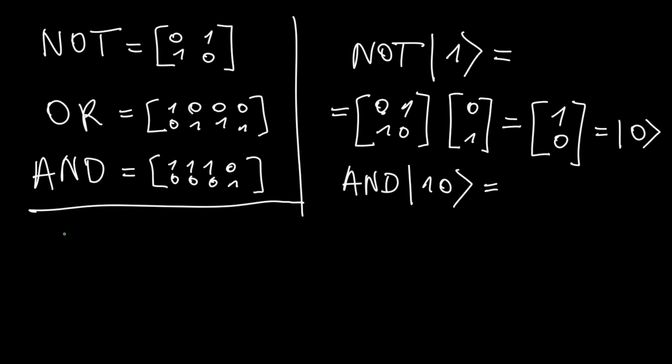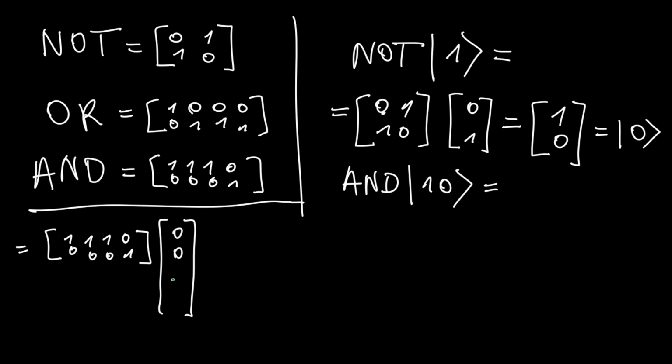AND is 1 0 1 0 1 0 0 1. And then we have this 2-bit vector. So we're gonna have a column like this. 1 0 is 2, so it's gonna be 0 1 2 3.